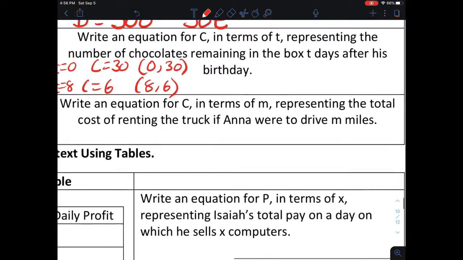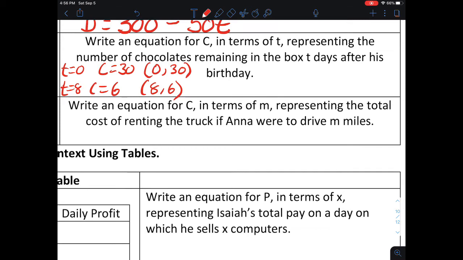Well, to write the equation, we need to know the y-intercept. We need to know the slope.